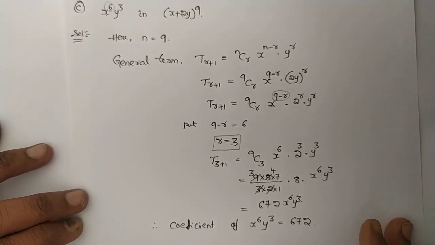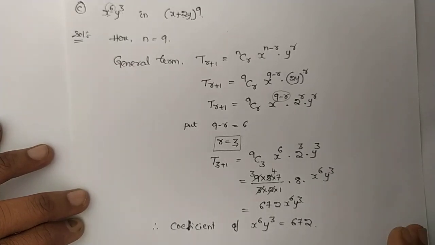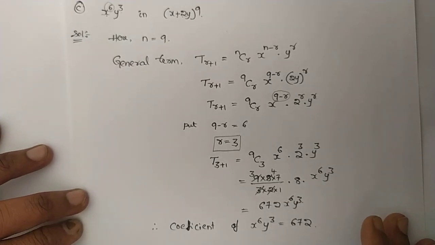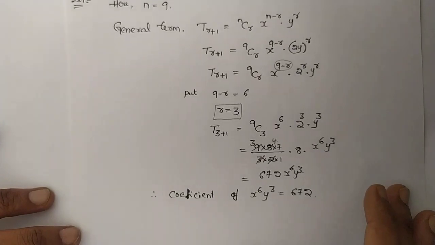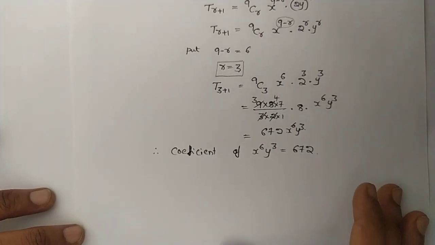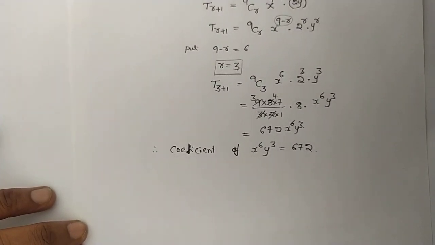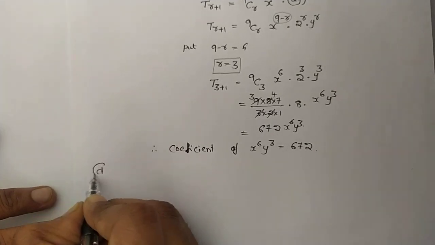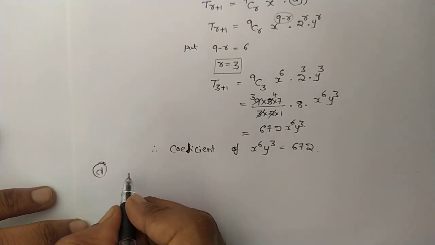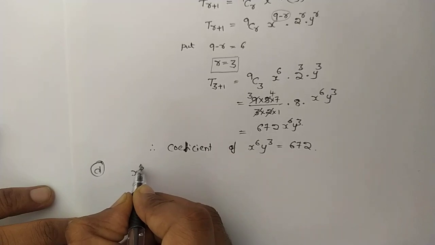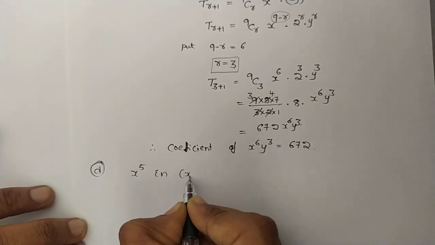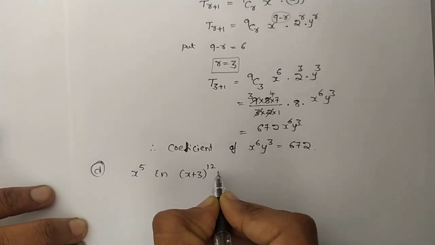Based on these kinds of problems, I am going to give you homework problems. Kindly note down. This question will be homework for you: x power 5 in (x plus 3) whole power 12.